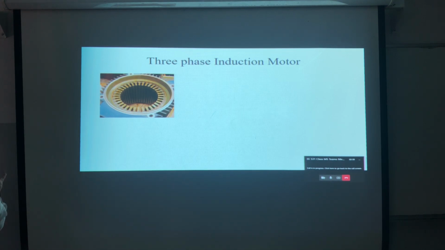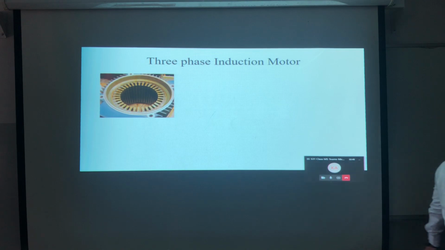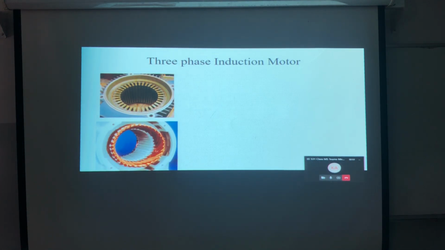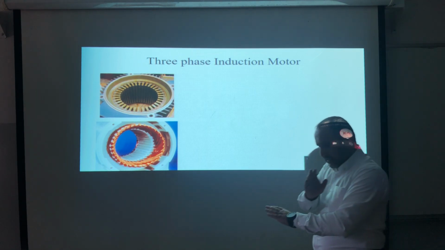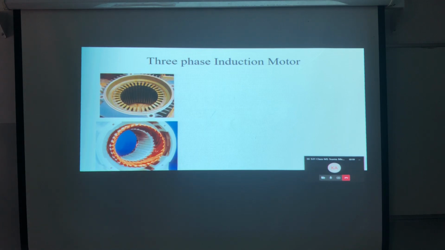If I'm having 5 phases, I will have 360 over 5, 72. So 120 degrees because of the 3-phase system. I need to distribute the winding in space such that I will have 3 identical phases distributed in space by 120 degrees. Good? Good. Now this is the stator.